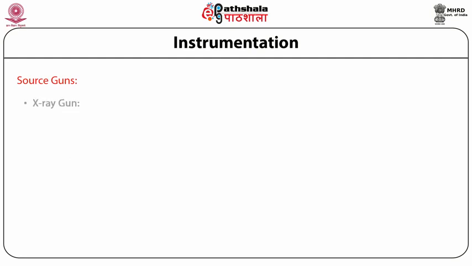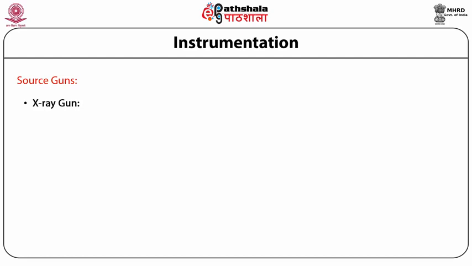It contains X-ray guns, electron guns, and ion gun. First, the X-ray gun. An electron spectrometer system contains an X-ray gun for XPS analysis. The X-ray gun produces a characteristic X-ray line to excite atoms of the surface to be analyzed.